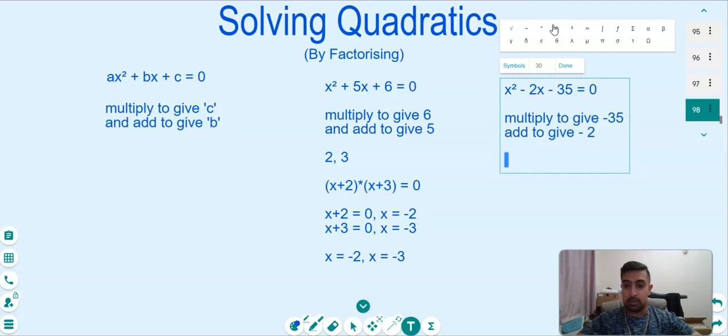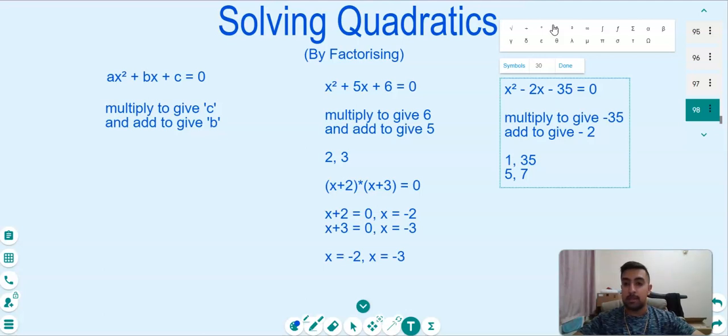Okay, so because this is trickier, I'm going to write out the factors, and that should make it easier for us to figure out what those two numbers we need are. So first off, we have 1 and 35. We also have 5 and 7. And I believe that is it.